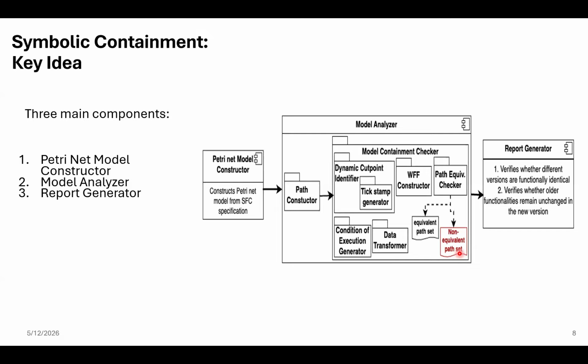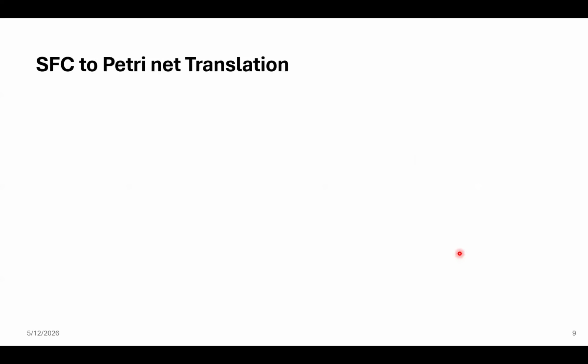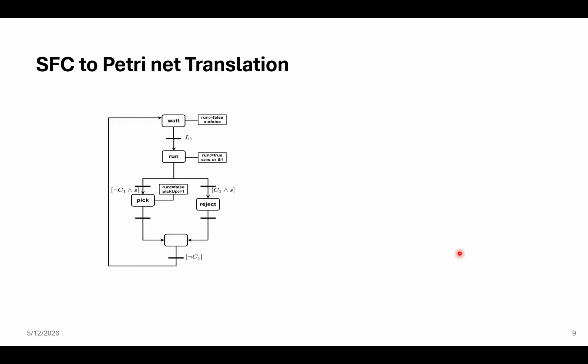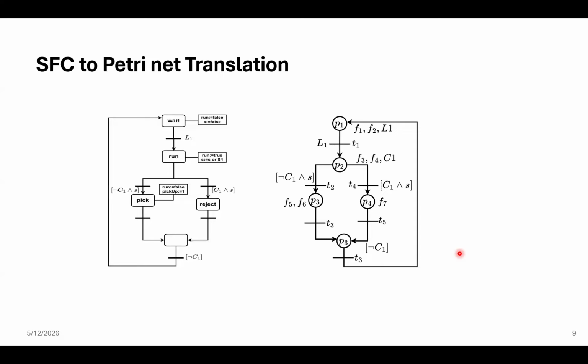Here there are three main components. One is a Petri-net model constructor, another is a model analyzer, and finally a report generator. First is the model constructor, which takes the SFC like this and converts it to the Petri-net model.